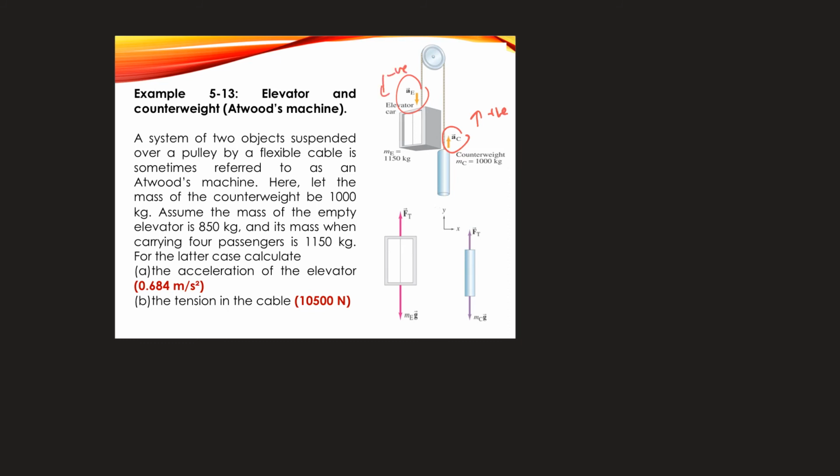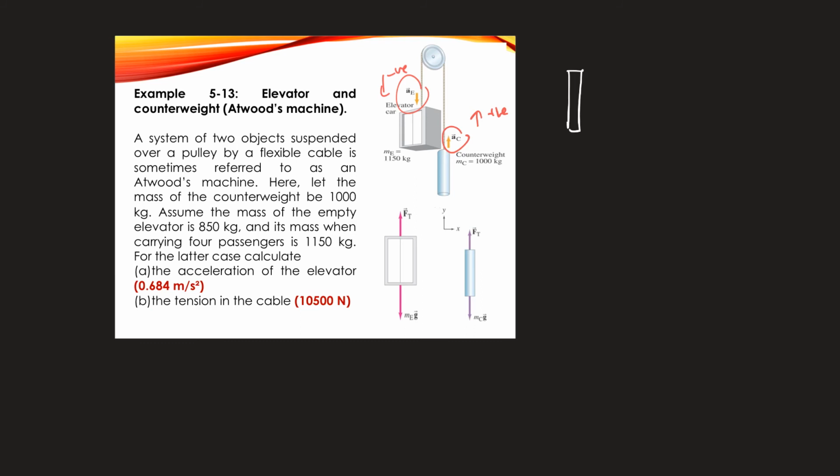So definitely the first thing you need to do is the FBD. For the counterweight, the question states that it goes over a pulley by a flexible cable. Mostly the questions will state whether the cord has a mass or doesn't have a mass.